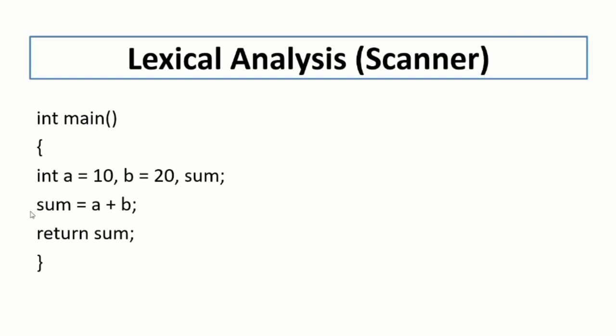Next, sum identifier, equal operator, a identifier, plus operator, b identifier, semicolon symbol, return keyword, sum identifier, semicolon symbol, and finally the close bracket. So in this entire program, we have many tokens. Totally we have 19 tokens in this program.